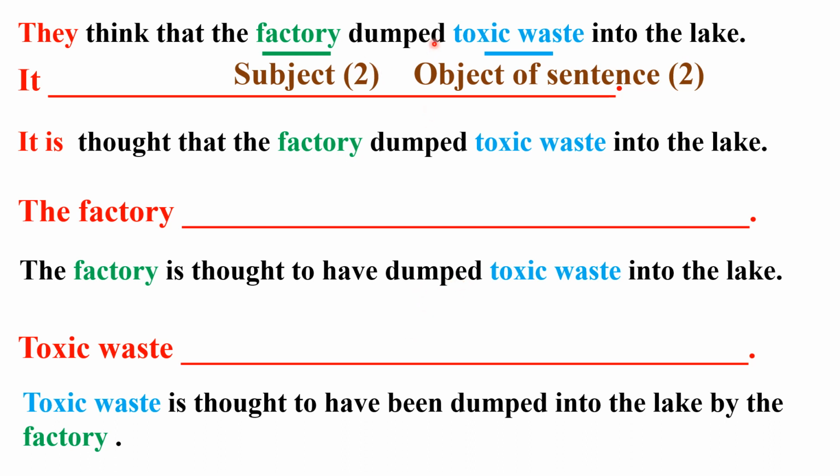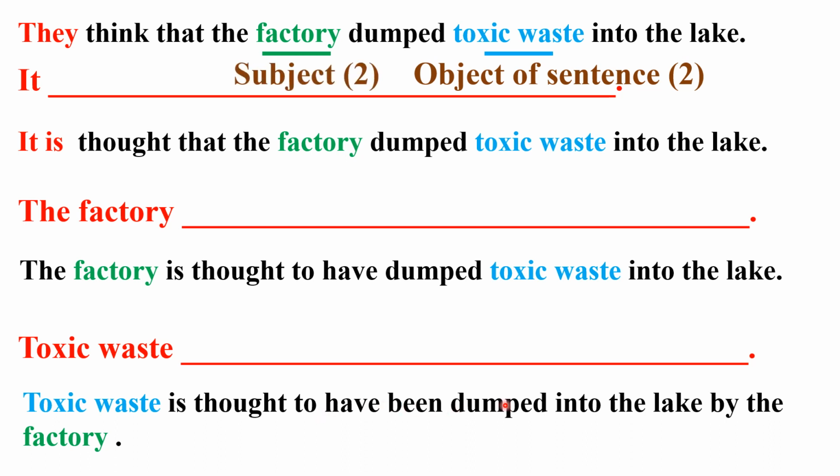The verb was dumped. The tense was past simple. So it is to plus have plus pp. Not completely right. As long as you are starting with the object here, you have to make passive again, because this is the object, remember? So it is not to have dumped, it's to have been dumped. Again, to have been dumped.